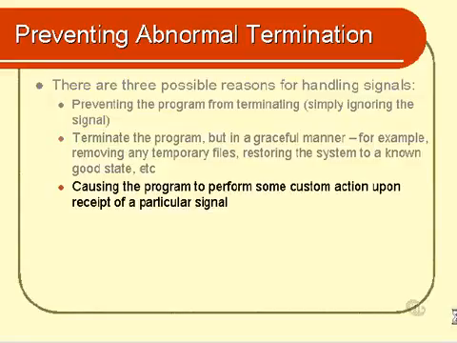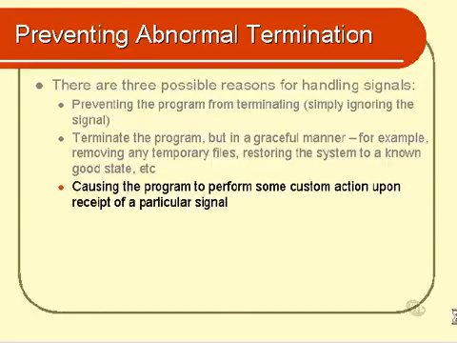And the third reason is you may actually just want to perform some custom action upon the receipt of a particular signal. There are many signals that a process can receive, many different types of signals, and you may want to take advantage of that and say, okay, whenever I receive this signal, it means I'm supposed to do this particular action. Which means of course that you can then use signals as a form of inter-process communication.